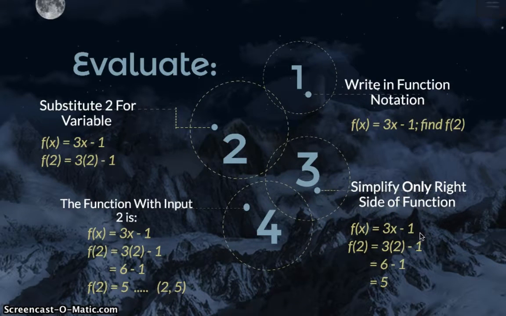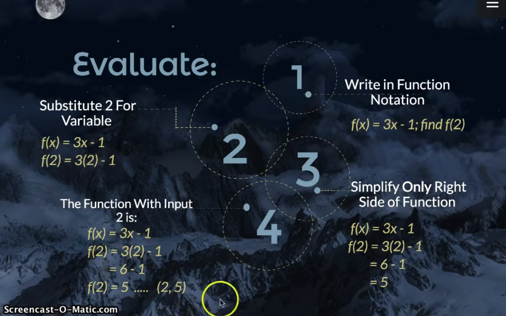So once you substitute that value of 2 in, then all you do is simplify the right-hand side of the function. You simplify the expression. So basically with functions, you take them from equations to expressions.